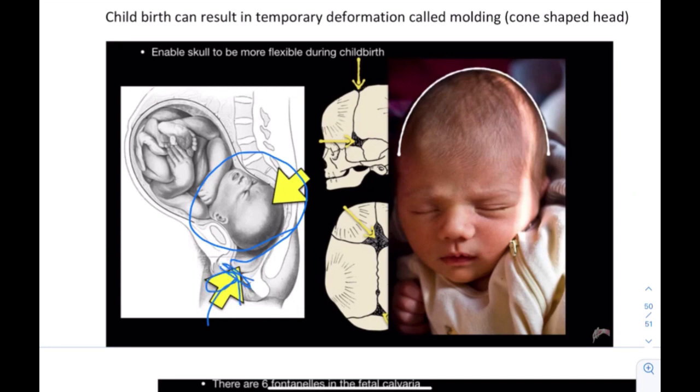So the bones of the calvaria, or the fetal bones over here in the cranium, they need to be able to move so that delivery can be possible, basically. And usually after delivery, the baby's head develops a temporary deformation called molding, where there is a cone-shaped head.